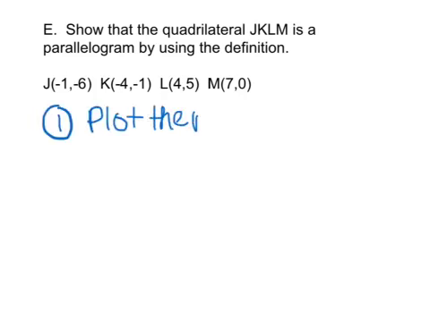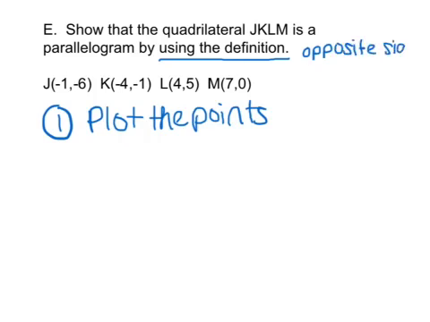Okay. Now after you have your points plotted, it says you must show it's a parallelogram by using the definition. And if you remember, the definition is opposite sides are parallel.